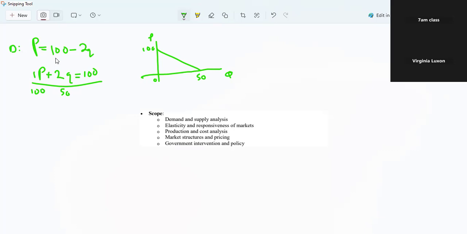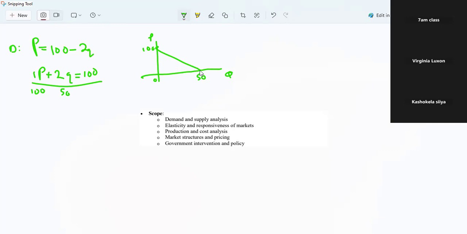Then we are looking for the intercept where it cuts the axis. There's 1 there, and 1 into 100 is 100. So when you go to the P-axis, you cut at 100. Then on the Q, 2 into 100 is 50, so it will cut here.